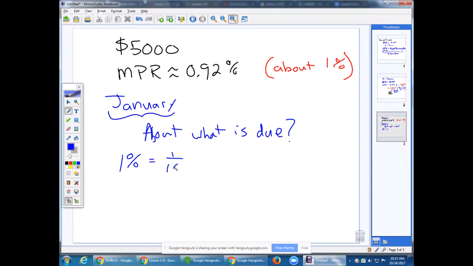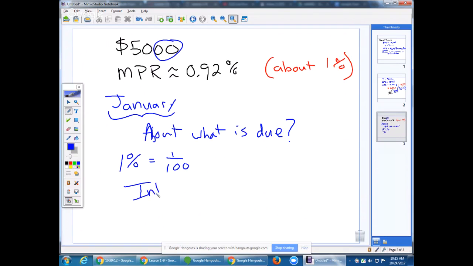1% is 1 out of 100. Okay. So for every $100, I owe $1. Question is, how many hundreds are in 5,000? Well, if I divide out the 100, what's left is a 50. So I think what is due is about $50 in interest.